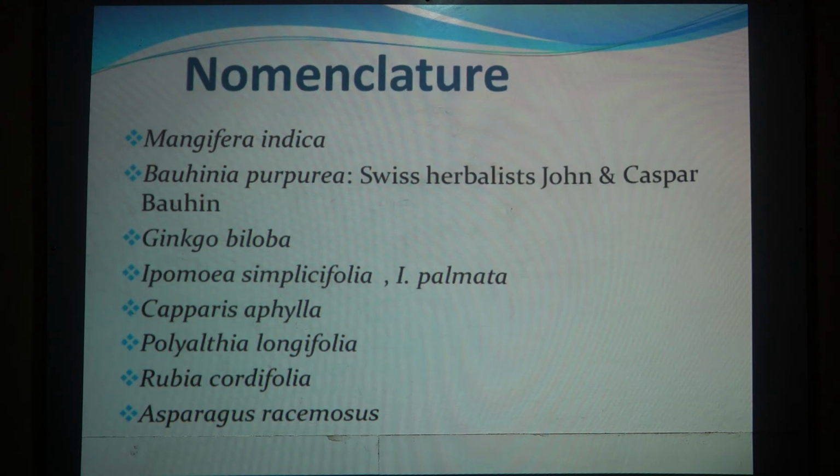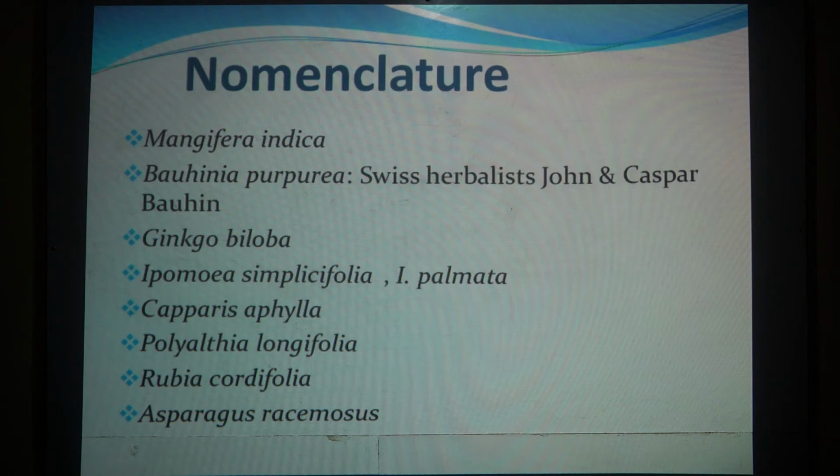So this naming of plants is according to the rules of ICBN, that is, International Code of Botanical Nomenclature. So this genus name and species name of plants is according to the rules of the ICBN. The first name should be genus and the second name is the species. The names of the species of genera are given in different manners.